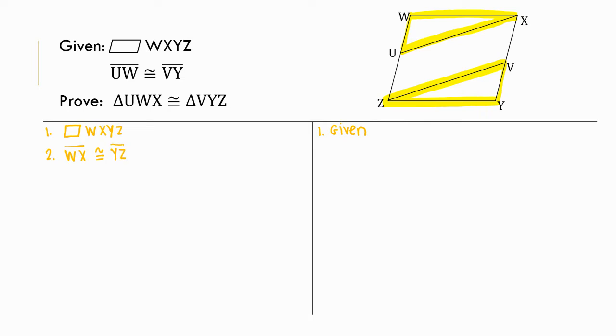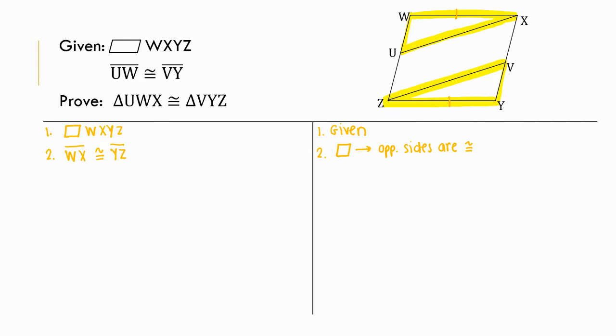And remember, we can say that those are congruent because if we have a parallelogram, then we know that opposite sides are congruent. I'm going to give each of those 1 tick mark.